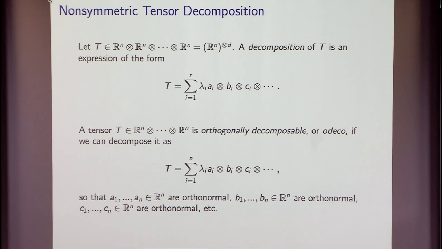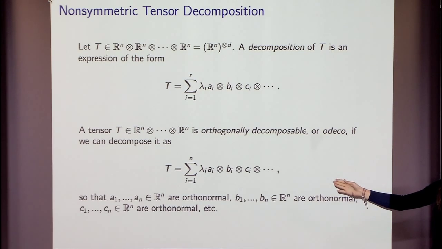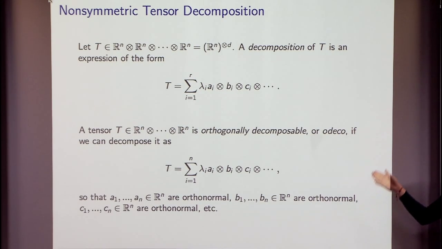And an orthogonal decomposition will be, again, an expression of the form T equals sum i from 1 to n of lambda_i a_i tensor b_i tensor c_i and so on. But now we require the a_i's to be orthonormal and the b_i's to be orthonormal and the c_i's to be orthonormal and so on.